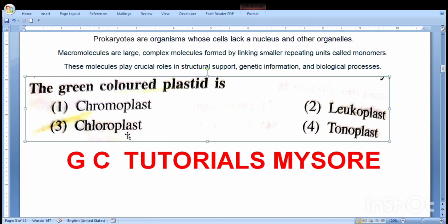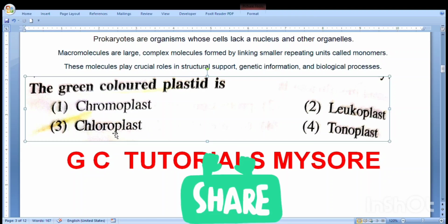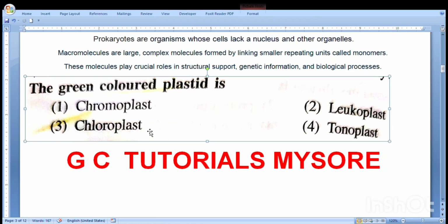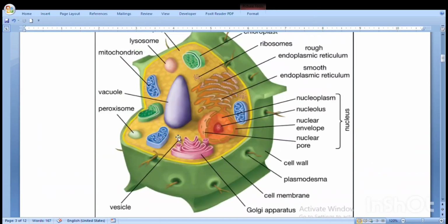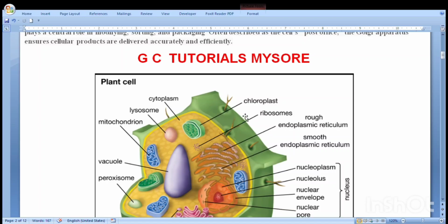The green plastids containing chlorophyll are the sites of photosynthesis. These chloroplasts convert light energy into chemical energy, because of the presence of the chlorophyll pigment.